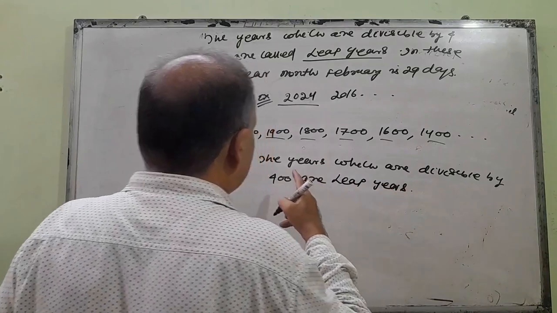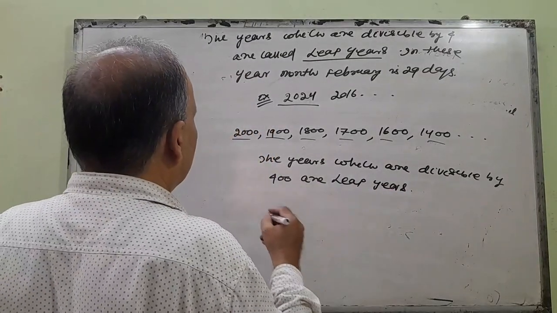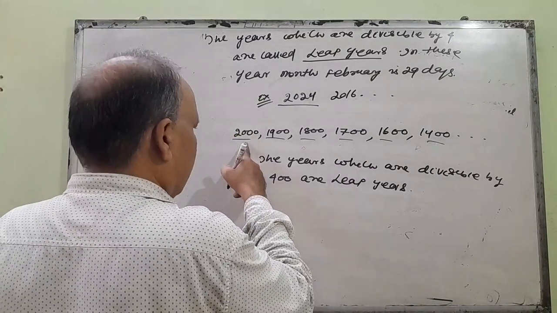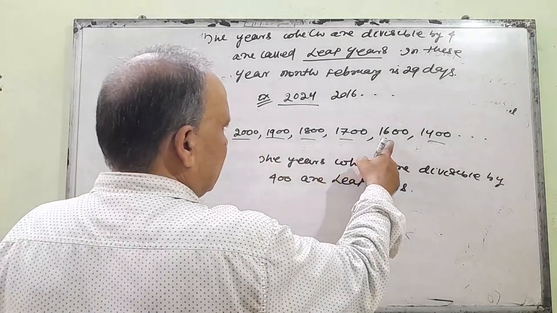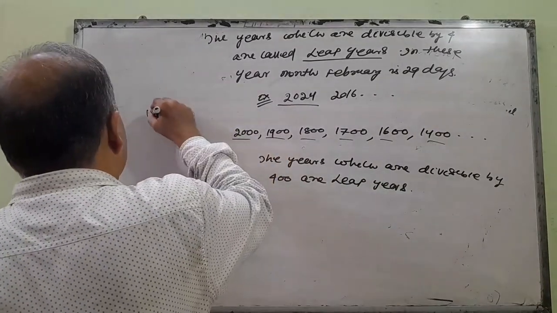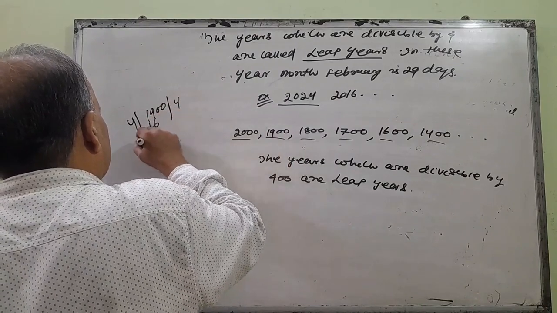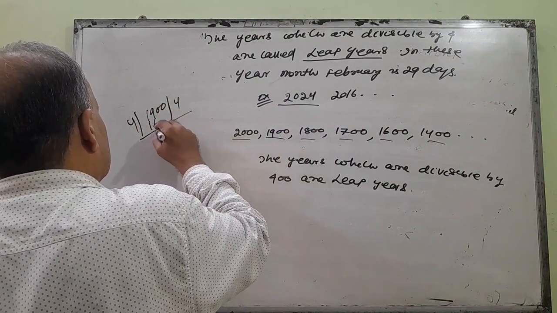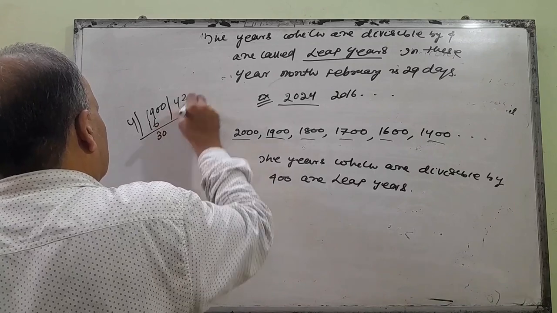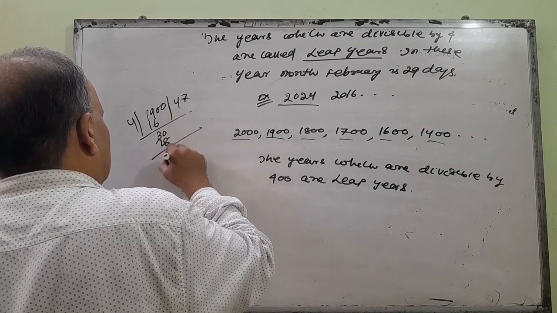So if you apply this formula, your 2000 is a leap year, your 1600 is a leap year, but your 1900, you divide it by 4, 4 4 is 16, 4 7 is 28.